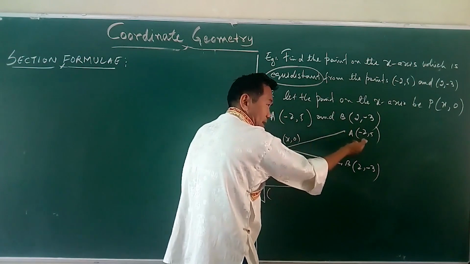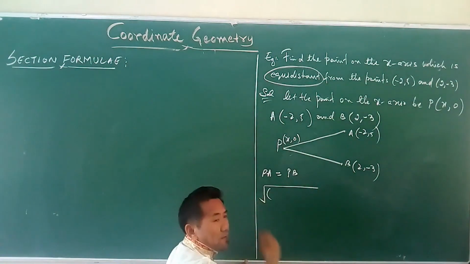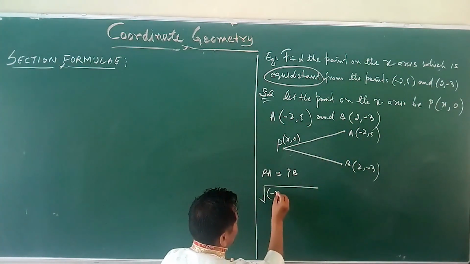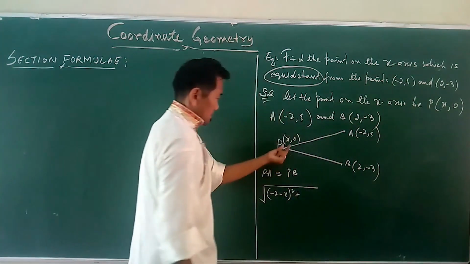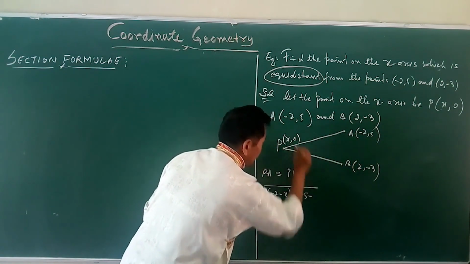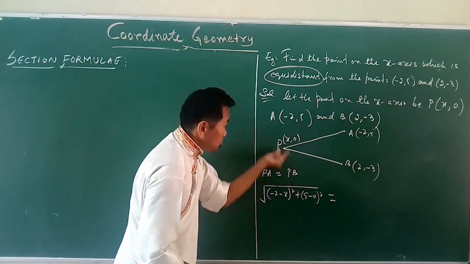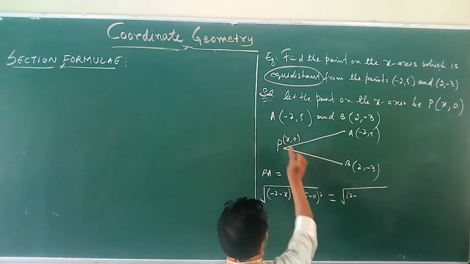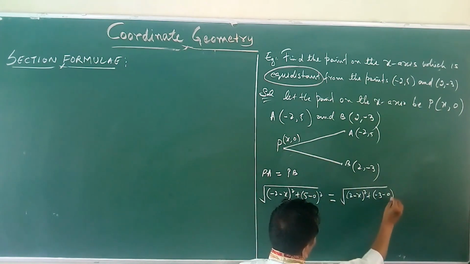Using the formula, PA equals the square root of (-2 minus x) whole square plus (5 minus 0) whole square, which is equal to PB, the square root of (2 minus x) whole square plus (-3 minus 0) whole square.